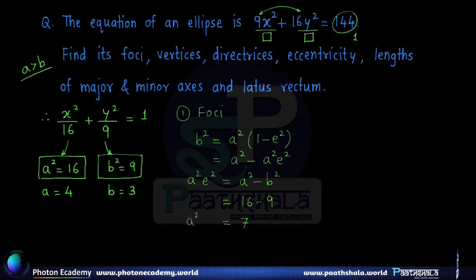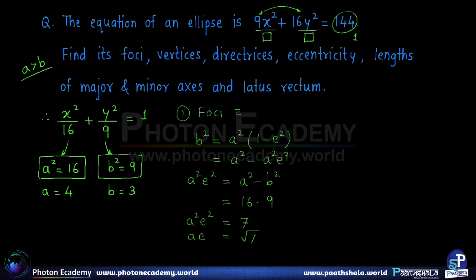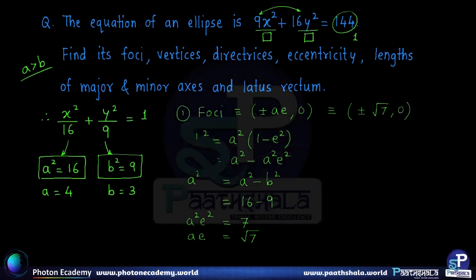So since a square e square is 7, clearly ae is equal to root 7. And since foci are given by plus or minus ae comma 0, the foci are plus or minus root 7 comma 0. That's the way we got foci.